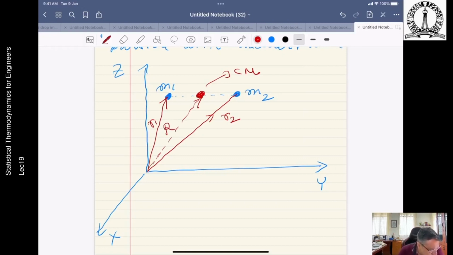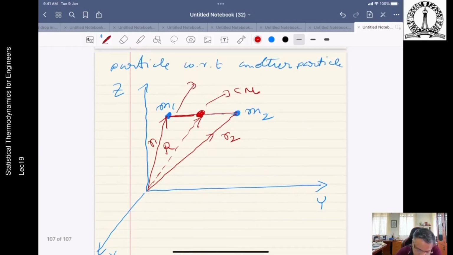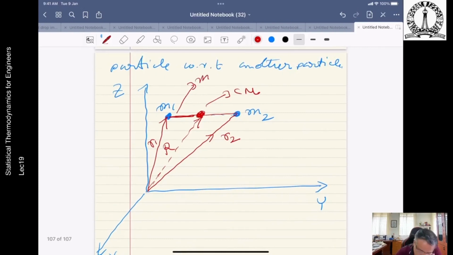So if I join this particular branch, this is how the center of mass is located. It is M2 by M1 plus M2 into R, R being the total distance.